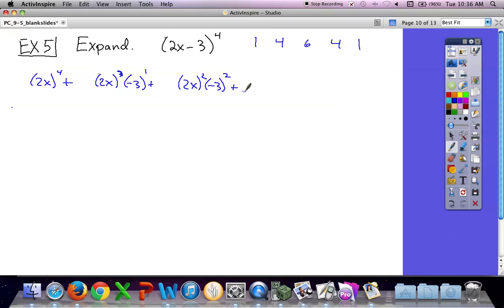The next term will have 2x to the 1st and negative 3 to the 3rd. And the last term will have negative 3 to the 4th. And then the only thing missing now is the binomial coefficients, which are 1, 4, 6, 4, 1.